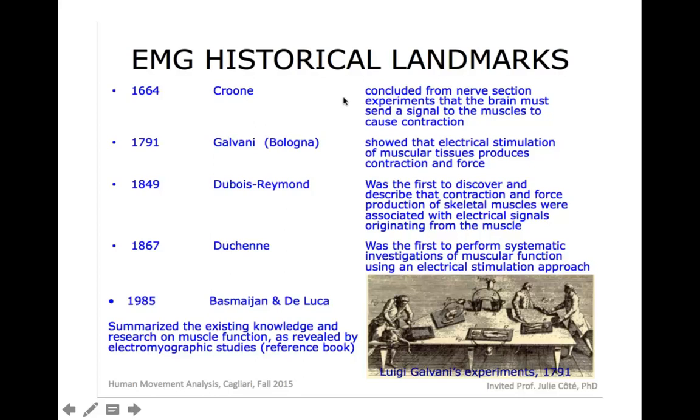So just a little bit of history. Early on in the 1600s, people concluded that the brain basically sends a signal that causes muscles to contract. And then in the late 1700s, it was shown that electrical stimulation of muscle tissues produces contraction and force. Then about 60 years later, it was discovered that contraction and force is associated with electrical signals in the muscle.